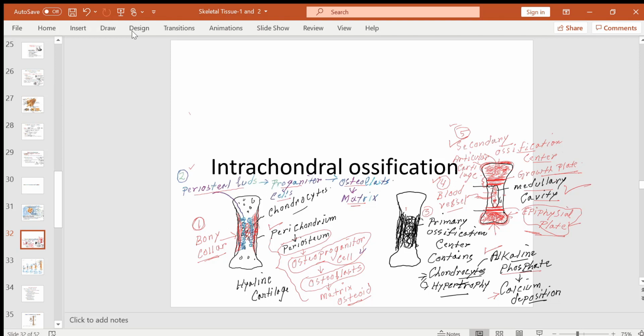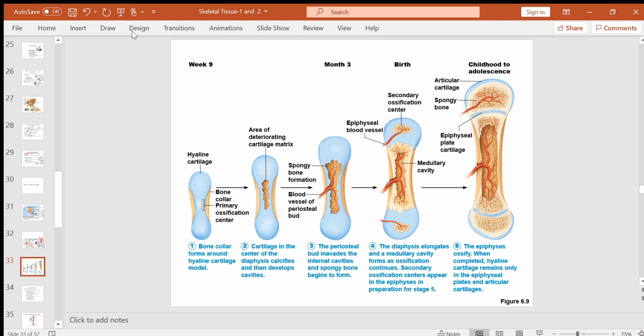So you must remember this endochondral ossification, how a bone is formed from cartilage. Very important. I may ask you to explain this in your exam. Okay, so those I have already explained to you.